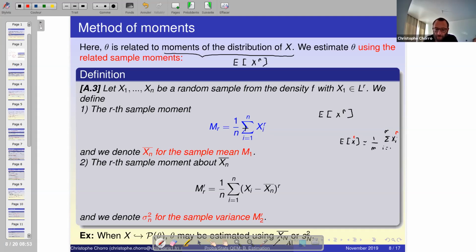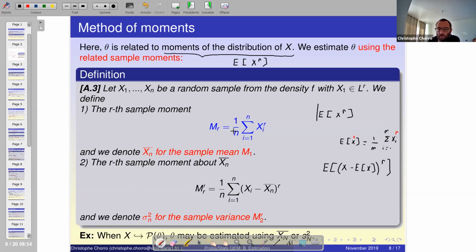We have also done the job for this kind of quantity here. So in this part, I am not interested in the expectation of x to the power r, but in what we call the r-centered moment, that is, in fact, to be interested in this one to the power r. In the case where r is equal to 2, you obtain simply the variance of capital X here.